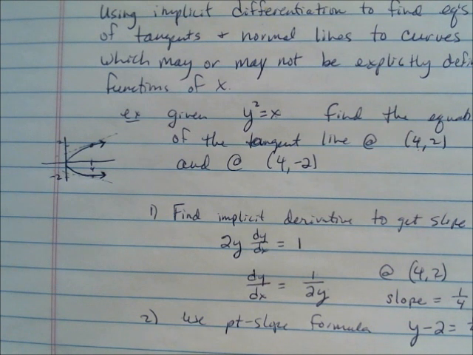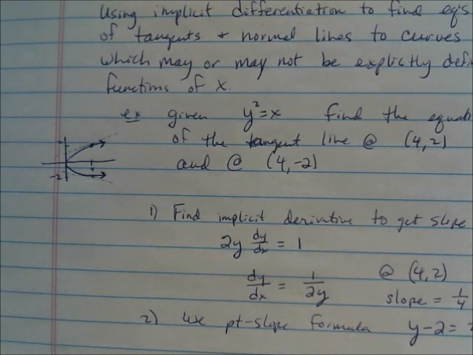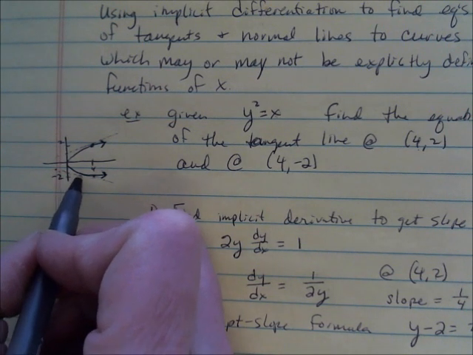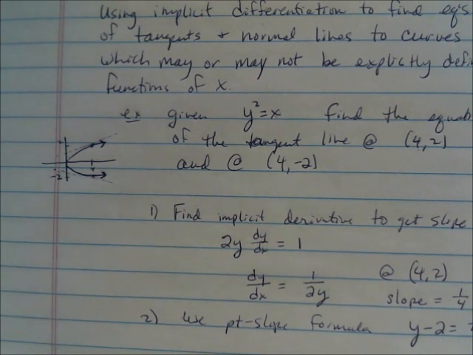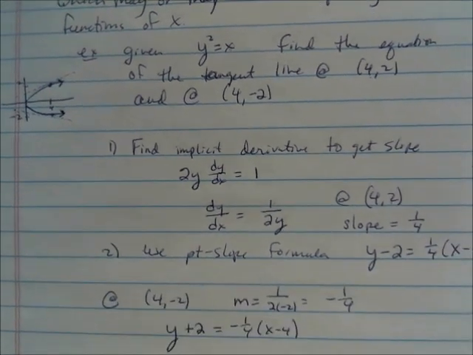So the equation of that line would be y minus y1, which is y plus 2, is equal to -1/4 times x minus 4. And again, if you distribute the -1/4 in here, you get -1/4 x plus 1 minus 2, which would be y equals -1/4 x minus 1, which looks like it would probably be the right thing if you looked at it graphically.